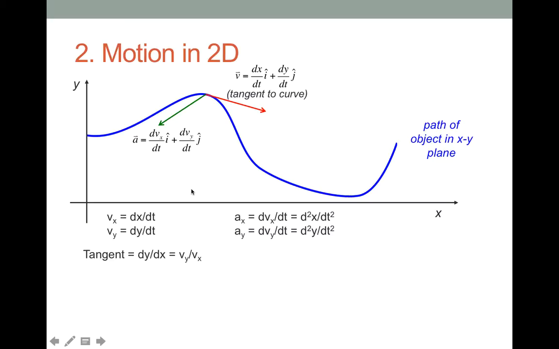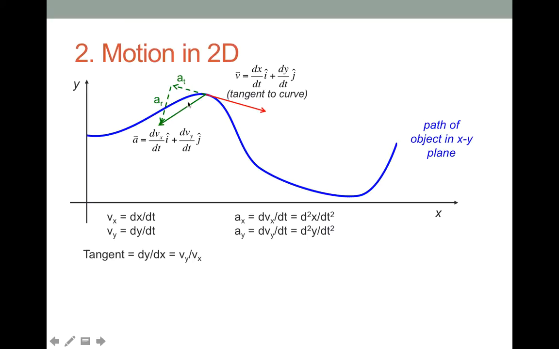Rather than x and y, we're going to break it into a component that is in the same direction as the velocity, and one which is perpendicular to that direction. Now, in this particular example, the tangential acceleration, which is what I've labeled a sub t, is in the opposite direction as the velocity vector.